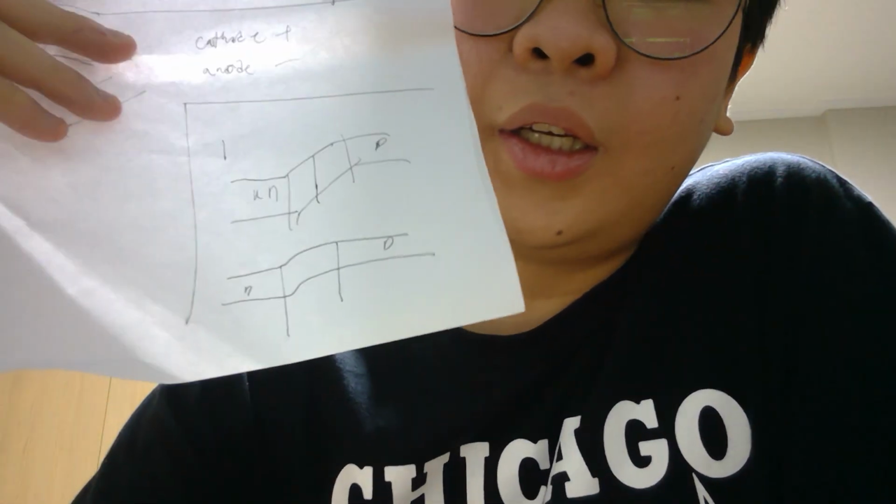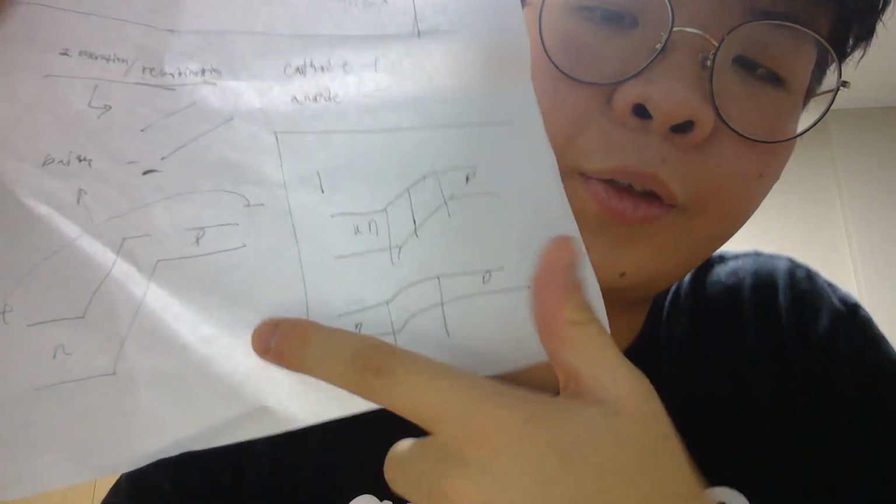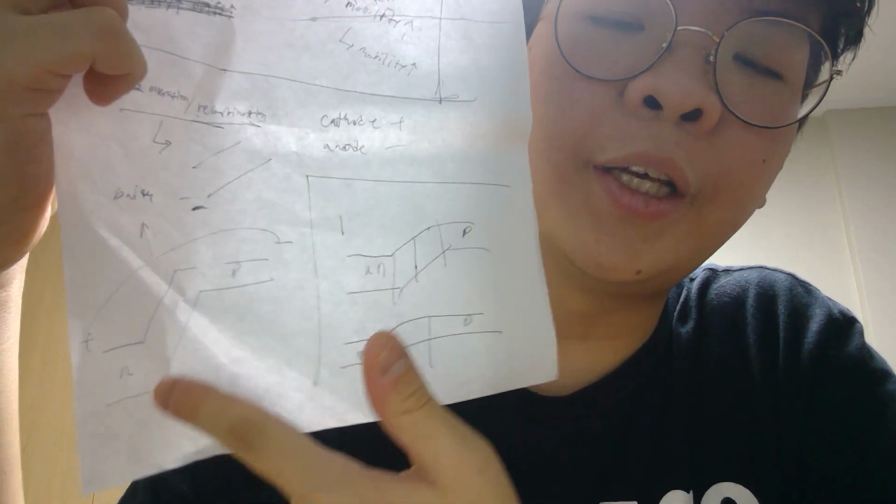And if we change the polarity to negative, there will be the opposite side, and the barrier will be like here, so electrons cannot move from one end to the other end.